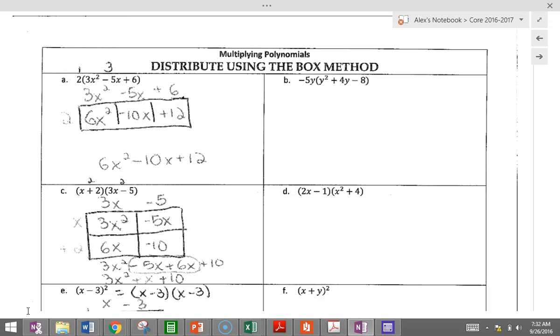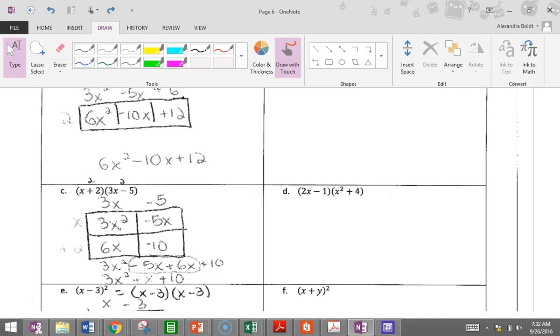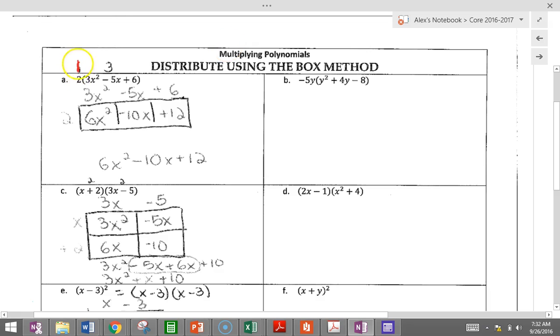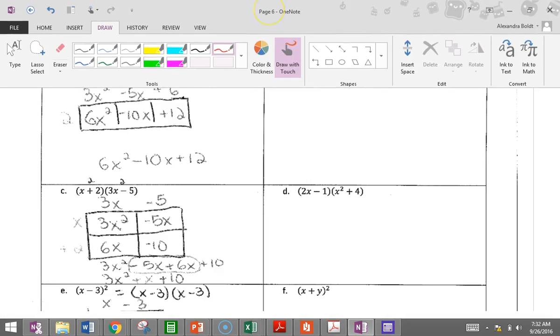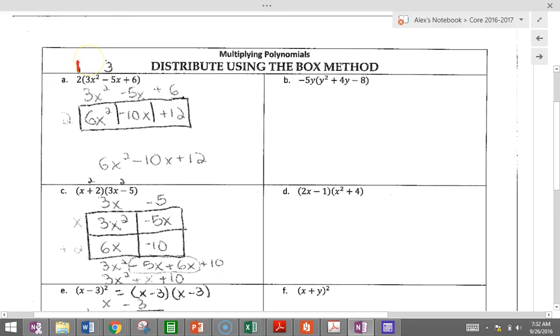So, if we look at our first example A, we have 2 times 3x squared minus 5x plus 6. We're used to this kind of distributing. We just have to distribute that 2, right? We have to multiply that 2 by every single number in here. So what we notice is I have one term here, and then inside my parentheses I have 3 terms.